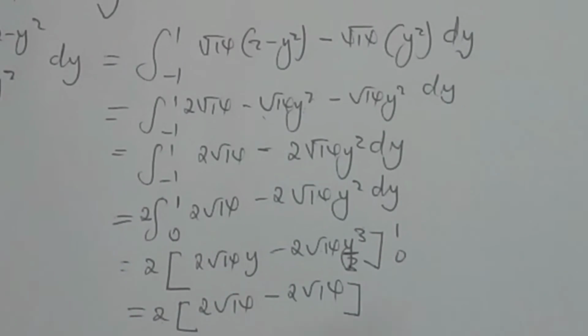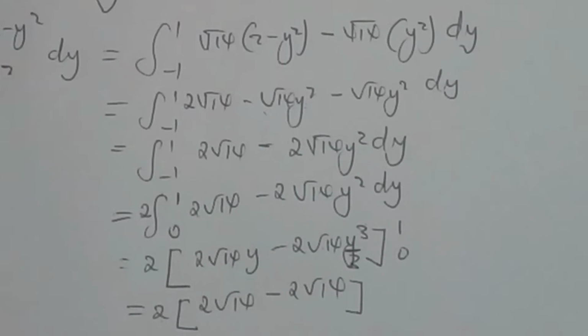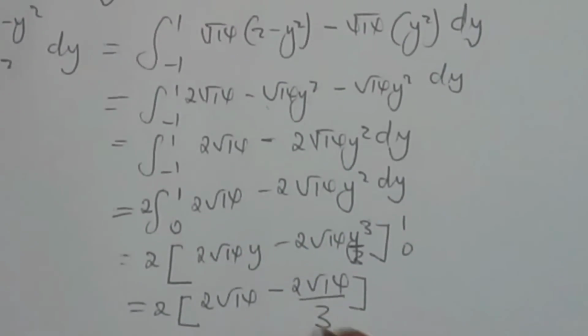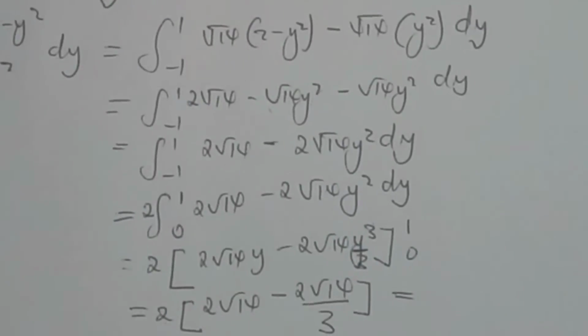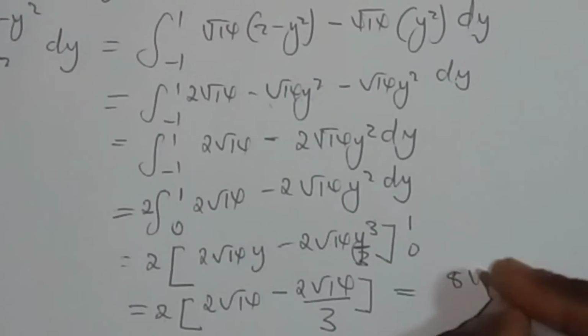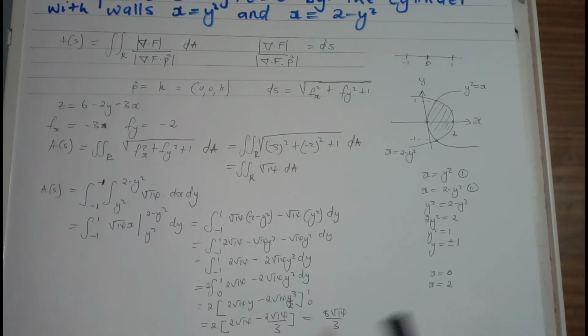Minus the lower bound: if I put 0 here, I get 0. If you punch this into a calculator, you obtain 8 root 14 over 3, and that is the area.